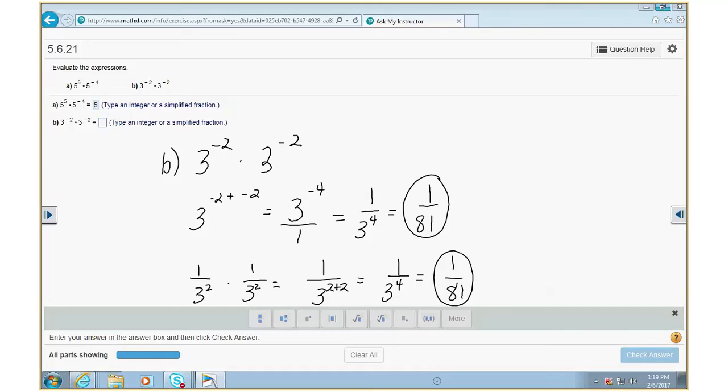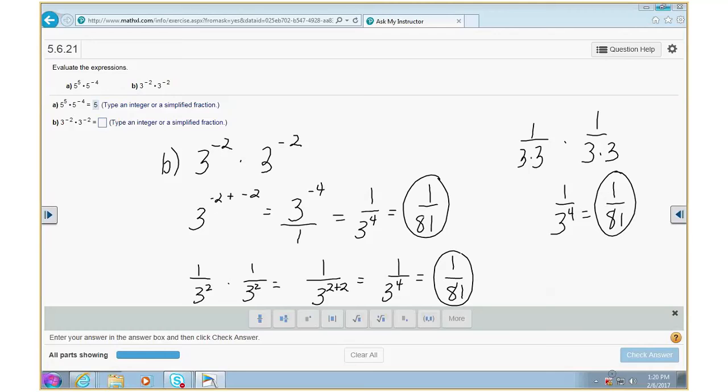Yes, there's another way: 1 over 3 times 3 times 1 over 3 times 3, which is 1 over 3 to the 4th, which is 1 over 81. One thing you'll learn about the exponent laws is there's no certain way to do it. You can do them many different ways. Will you come out with the same answer? Yes.